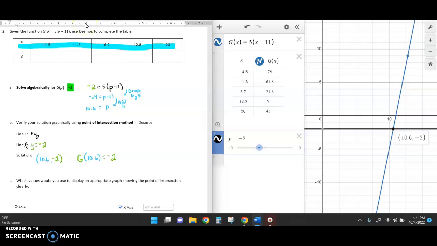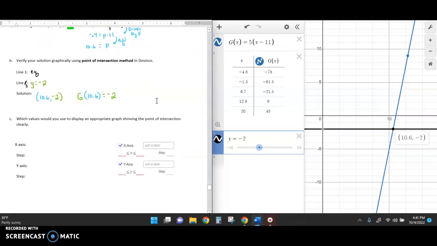My input values are from -4.6 to 20. So maybe I want to go from -10 to 30 and count by fives. So if we were to do that by hand, we would go from -10 to 30, and we're going to count by fives.